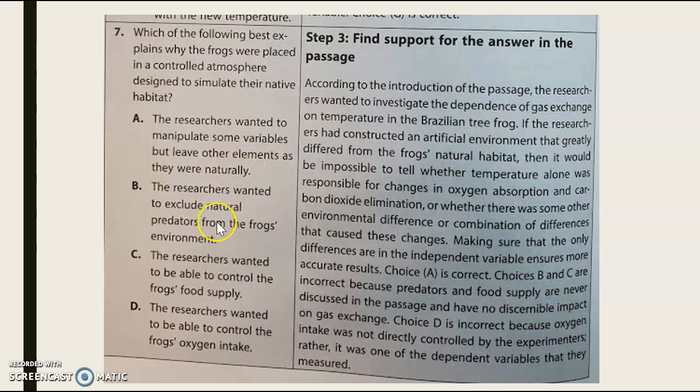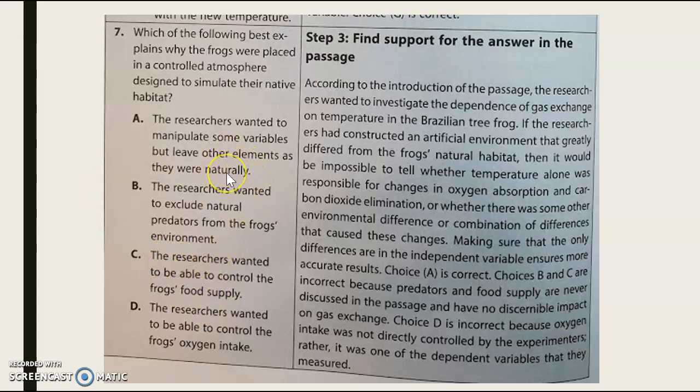Now, excluding predators, well, that might be relevant and seem like an important detail for the survival of frogs in this investigation. We're not measuring predators, we're measuring how much oxygen these frogs take in or how much CO2 they eliminate. That would not really fit in with what they're investigating. Food supply, once again, that is kind of right by saying food supply, that's enveloped in their natural habitat.